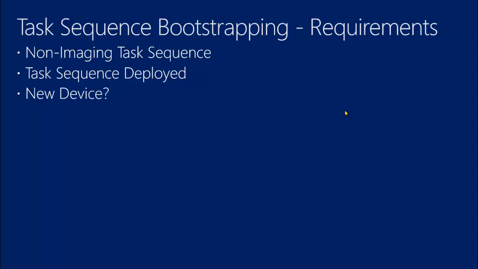Or can it be a client that's just being reinstalled? It was a Configuration Manager system. It was being managed by Configuration Manager. Now it's being reinstalled for whatever reason. Will it work in those scenarios, right? Because I was thinking about unknown computers. Unknown computers, in order for them to be treated as unknown computers, cannot be known to Config Manager. So I just questioned here. And the answer is it doesn't really matter. The device can be in the Configuration Manager console. It can be absent from the Configuration Manager console. I've tested it both ways, and it works the same, right?